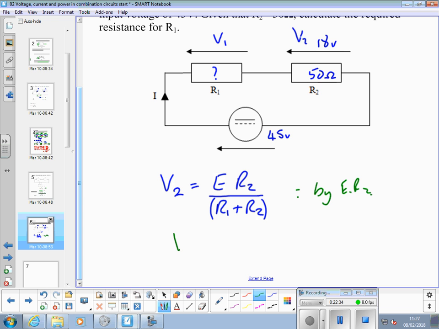What is ER2 divided by ER2? 1. So what you have is 1 plus R1 plus R2. You can still do it that way.